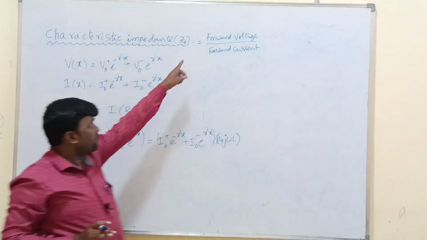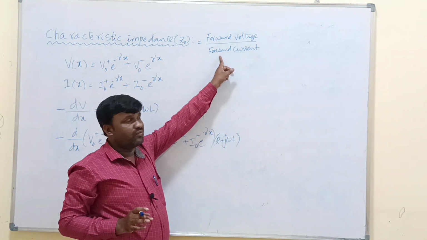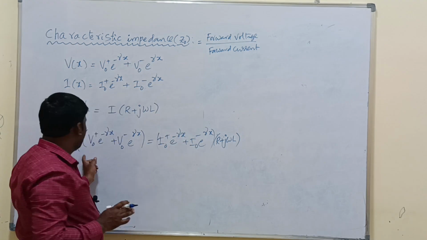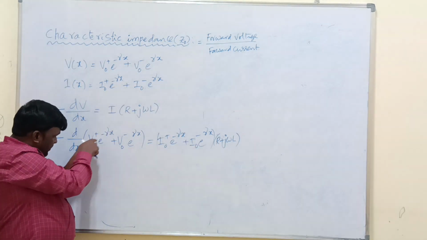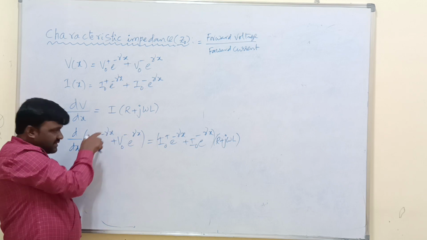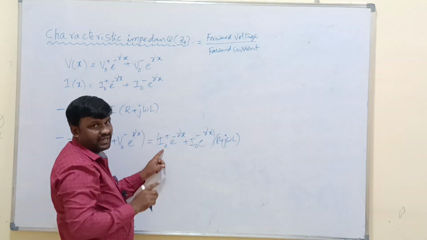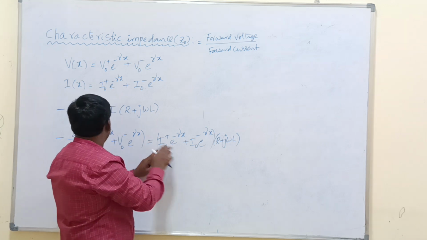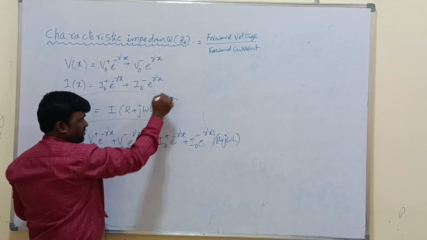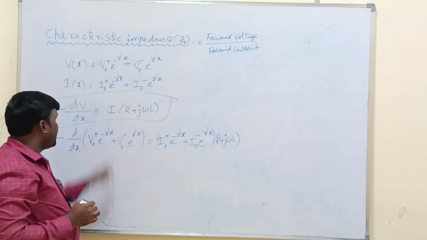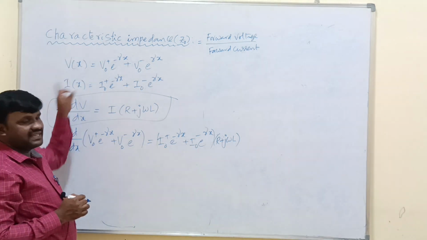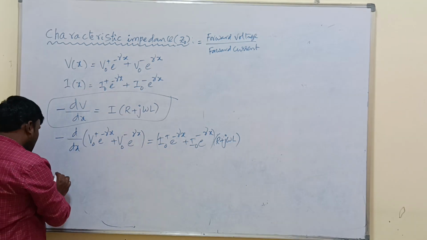In order to get the forward voltage by forward current, we need to take the ratio of V naught plus e to the power minus gamma x, the forward voltage, divided by the forward current I naught plus e to the power minus gamma x. In order to get that, we require this equation. To simplify this equation, what we required are the voltage and current equations. Now let us simplify this.